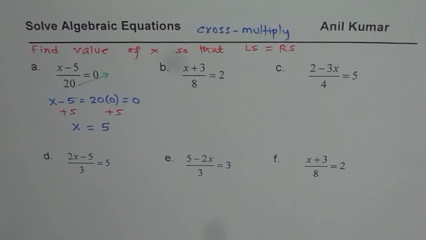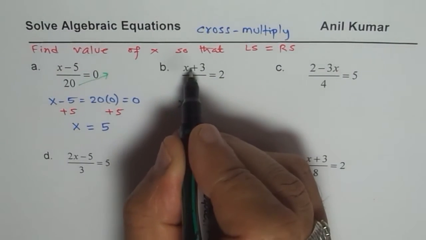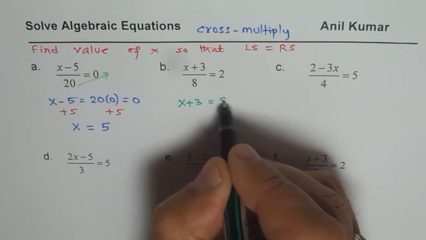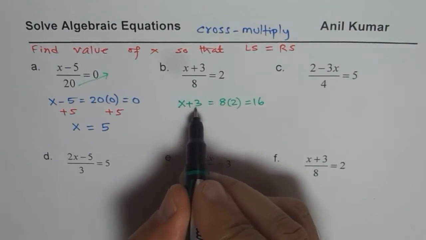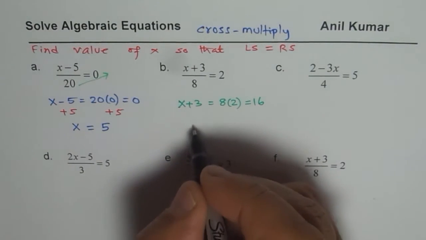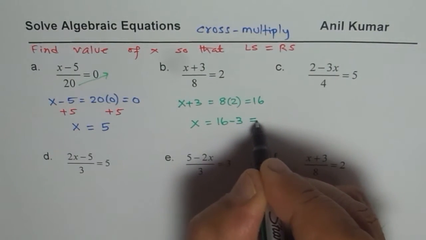Now let's do the next one. In this particular case, we will cross multiply. That is the first step always, correct? So we'll do x plus 3. Imagine it has been multiplied by 1, and we get 8 times 2, which is indeed 16. And now we'll take like an expert 3 to the other side, and we'll say x equals 16 minus 3, and that is equal to 13.